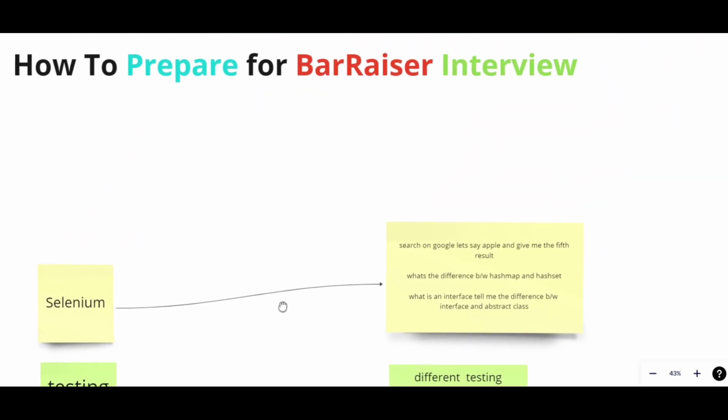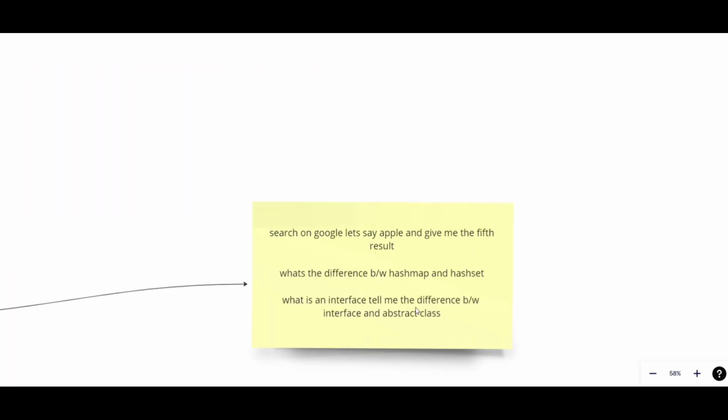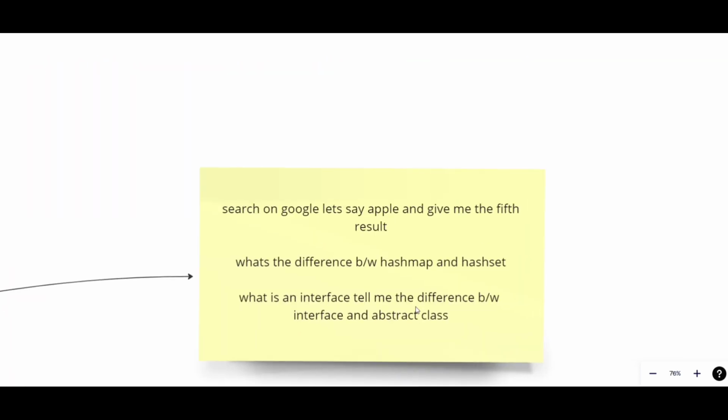From Selenium, they will ask you some Selenium code for automation, and they will ask you some basic Java questions. As you can see, they may ask you to search something on Google, and once you search, it will go to a landing page where you will see the results, right?